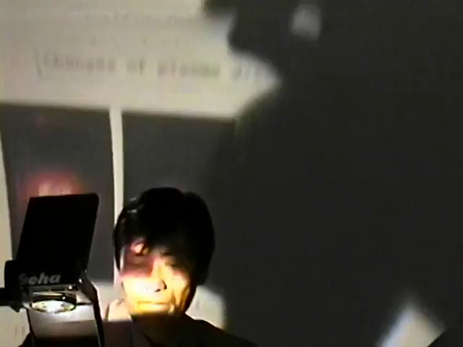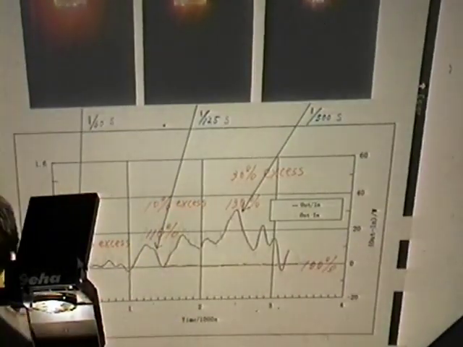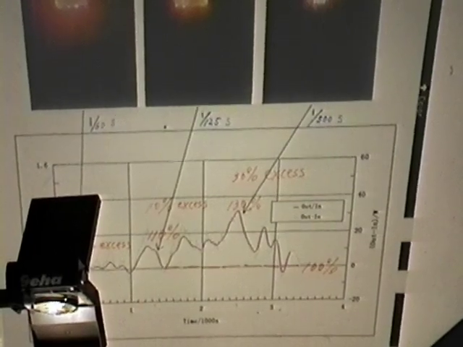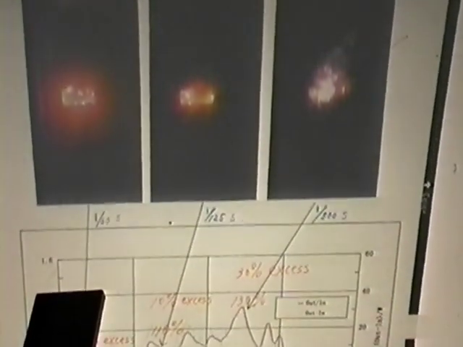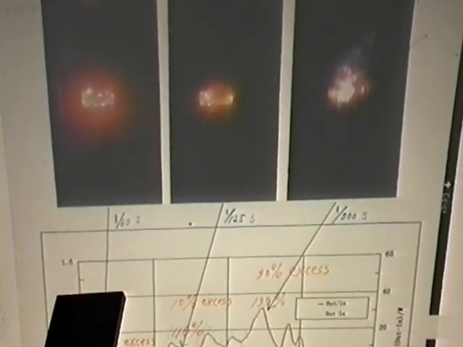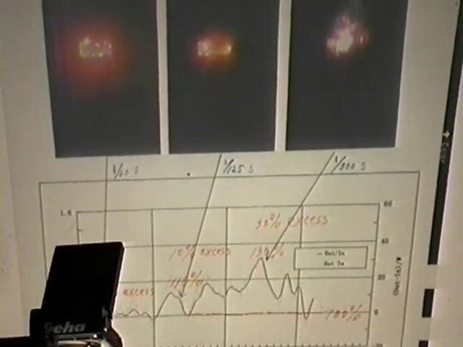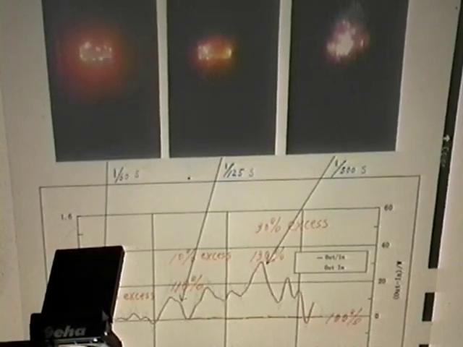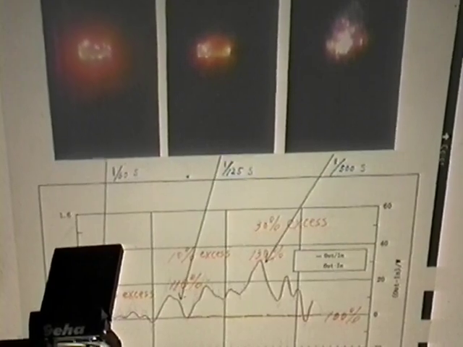And I'll go back to the photograph. Here, you can see the difference of plasma for excess heat generation and no excess heat. Apparently, the plasma during excess heat generation at this point, the light is very strong and it seems like a fireball around the electrode.